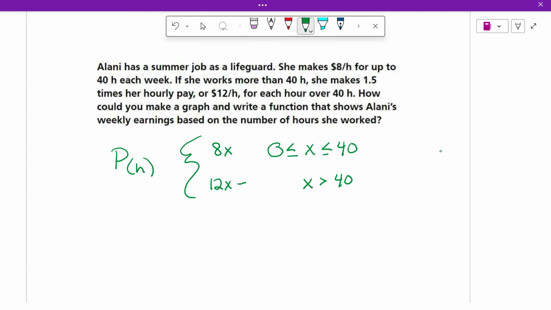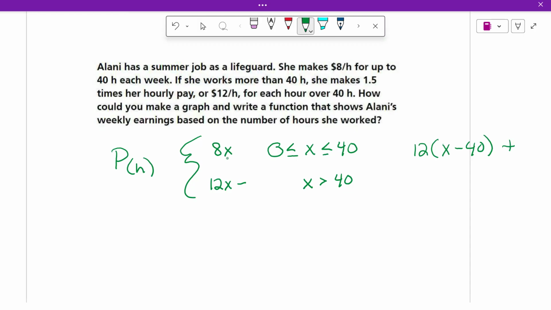So we have to figure this out. She gets paid 12 times x minus 40. So the 41st hour is like the first hour of overtime. The 42nd hour is like the second hour of overtime, and so on.